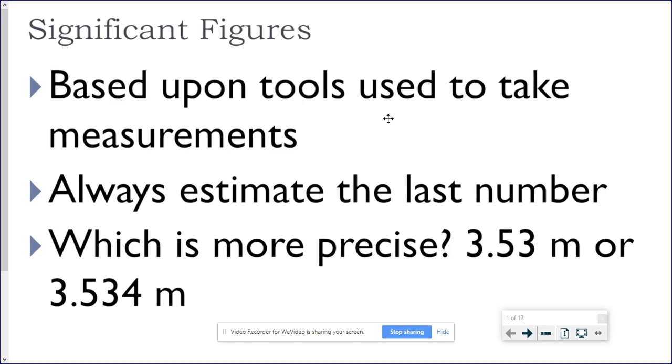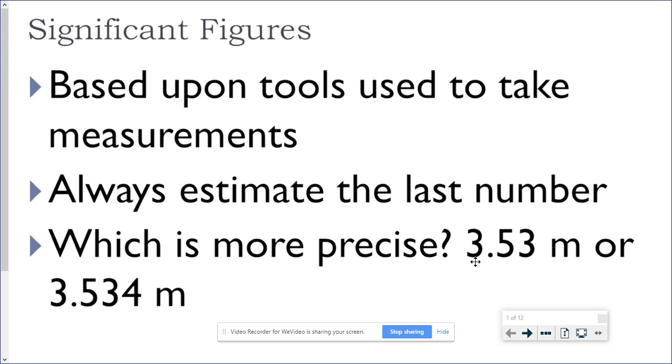Anything that's a constant that's already an accepted value, like the speed of light, for example, would not factor into significant figures because we're not measuring that ourselves. It's something that's accepted by the scientific community. When we read our instrumentation, we always estimate the last digit. And so that tells the reader how precise we can get our information.